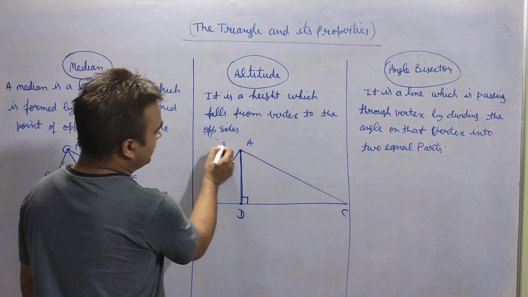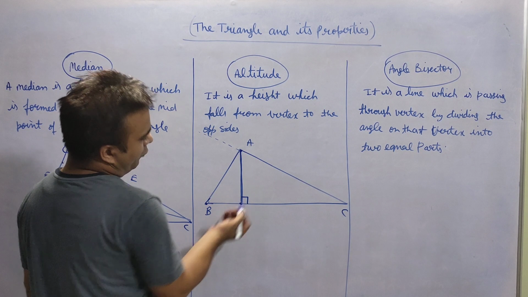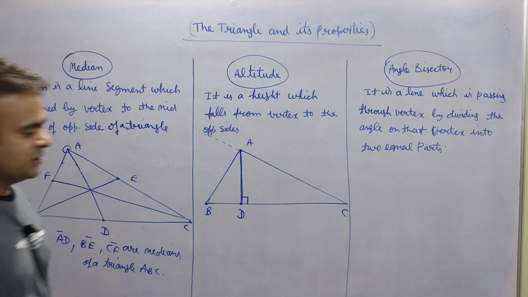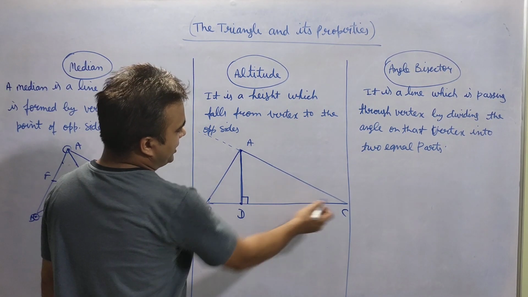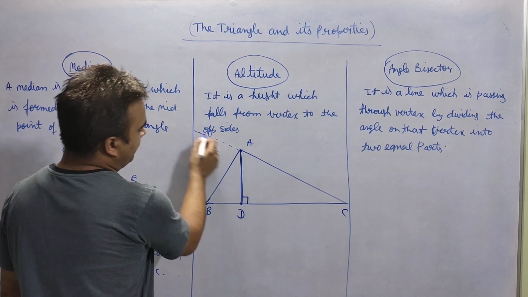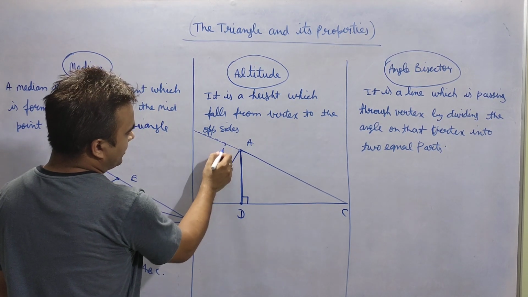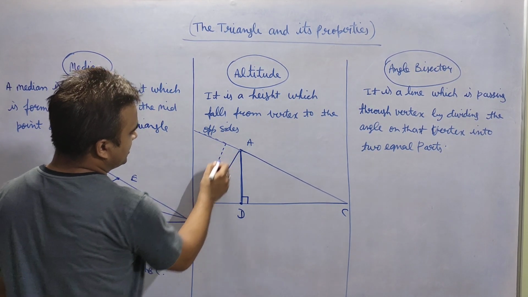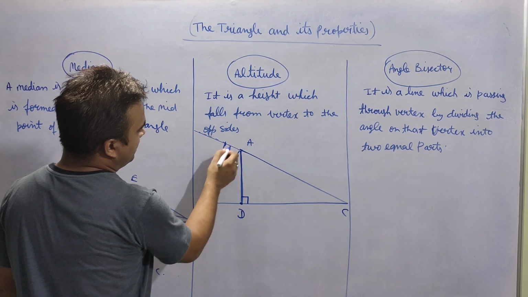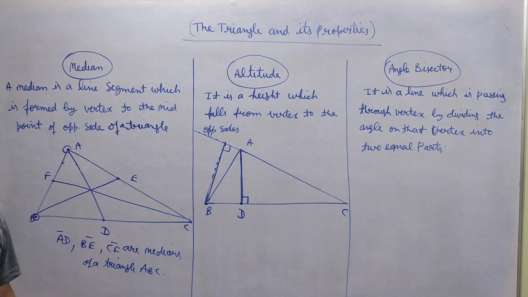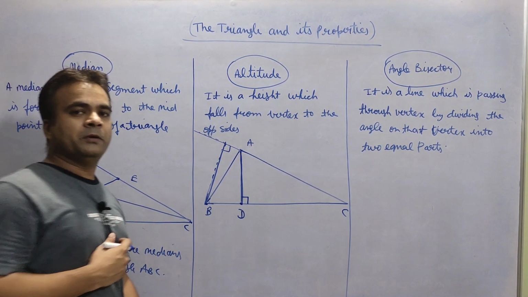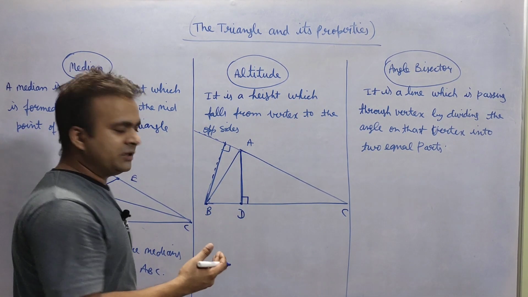So how many altitudes are possible? Sometimes, if you want to draw the altitude from B, it is not possible on AC. So in that case we will draw it on the outer side. So altitude sometimes can go outside the triangle, because our purpose is to draw 90 degrees only.